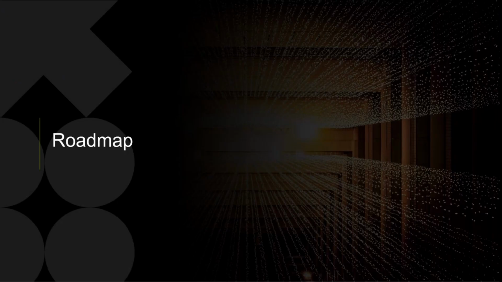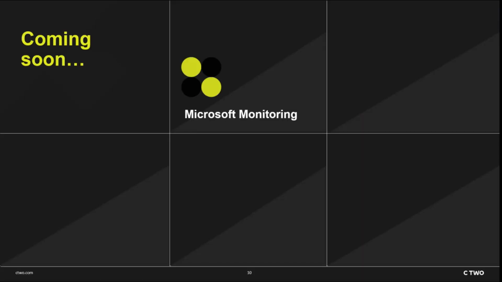But if we now take a look at where we're going over the next few months within C2, some of the ideas that are coming close to product reality now. So within this one, we've been looking at Microsoft and greater integration into Microsoft.